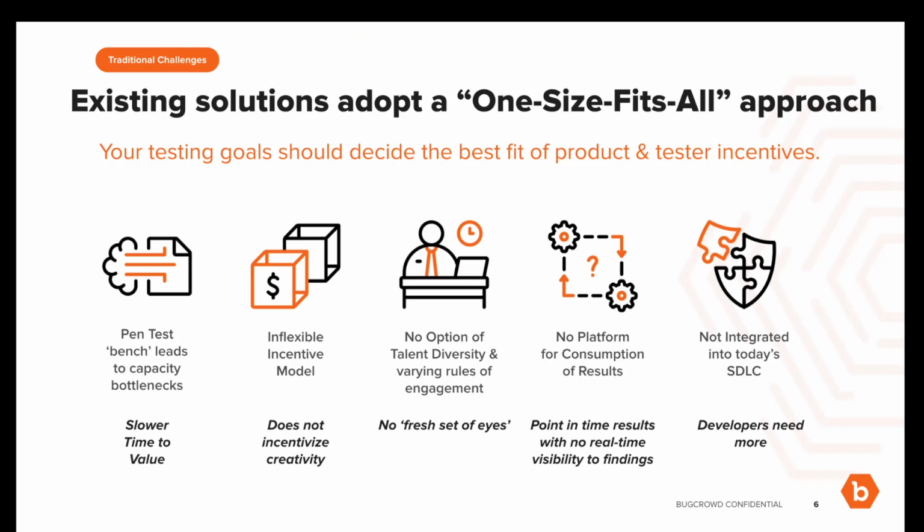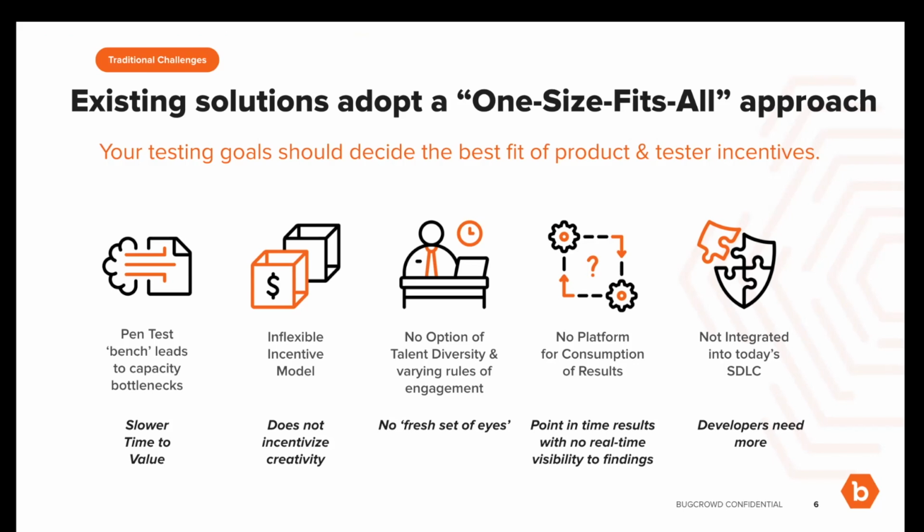Let's say there was a P3 vulnerability or P4, which is lower in risk, but that might open more doors into something which is much more critical or severe, like a P1. We call it vulnerability chaining in the crowdsourced security model. That's not something which could be discovered in a methodology-based, pay-for-effort kind of engagement. So the inflexible incentive model is another challenge with existing pen test models today.